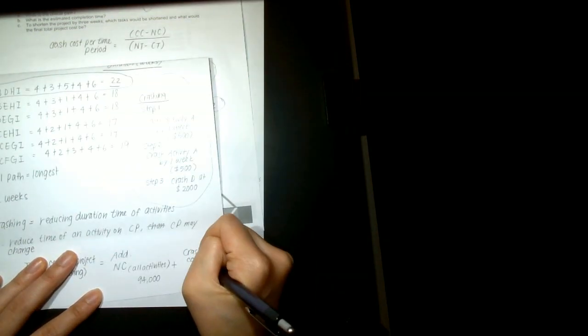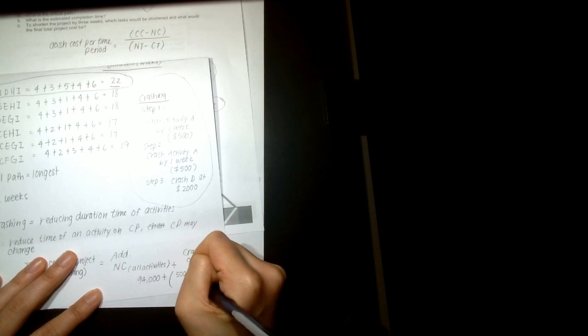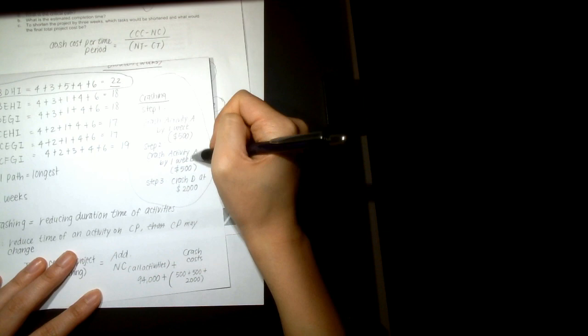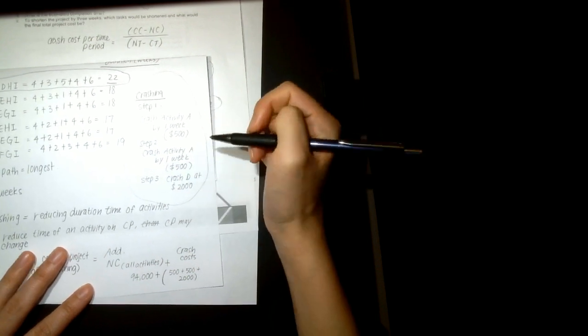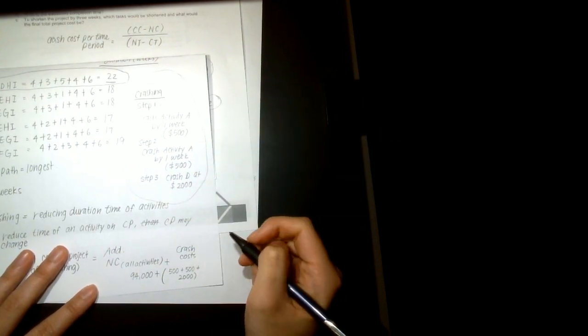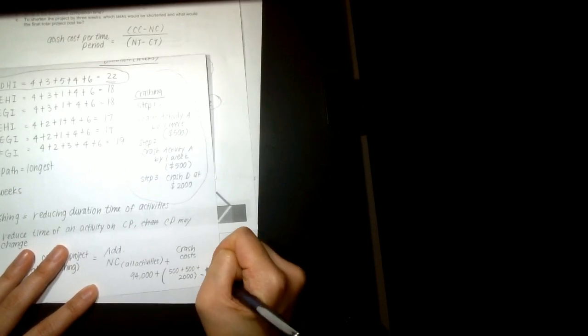And then you would add the crash costs incurred. So that's the 500 plus another 500 plus the 2,000. So you would get 97,000 as your final total cost of the project if you crash 3 weeks.